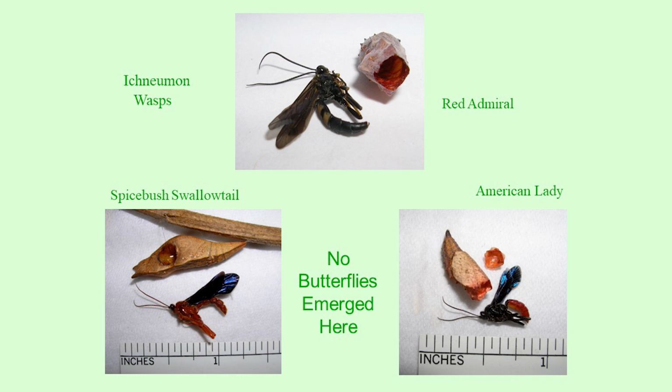ichneumon wasps, and I've had 3 different species of these wasps come out of chrysalises. One of our red admiral, one of our American lady, one of our spicebush swallowtail. So when you have a nice chrysalis and you think you're going to have a butterfly come out, unfortunately, you sometimes can get one of these wasps come out.